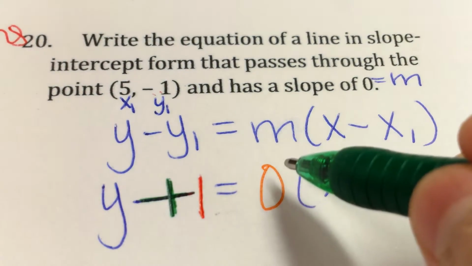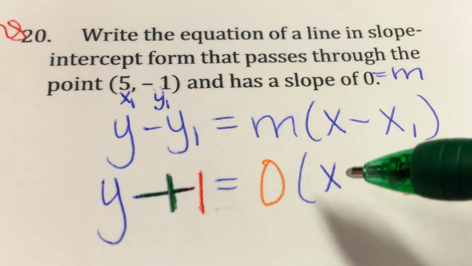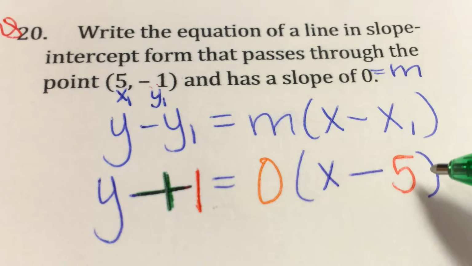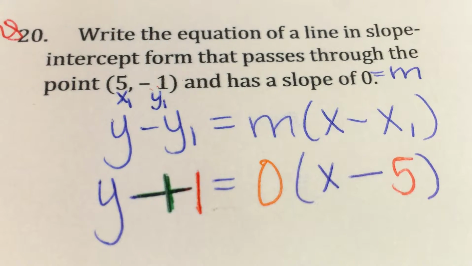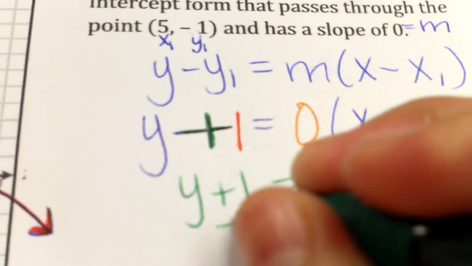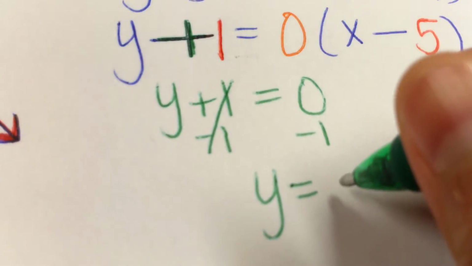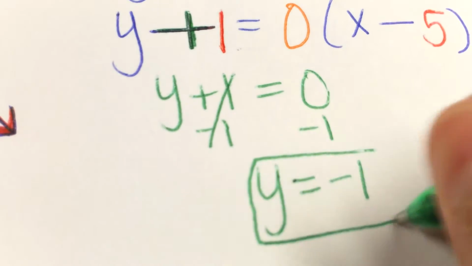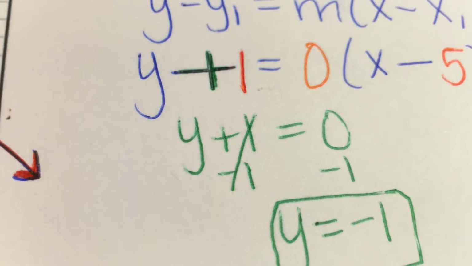Here you have 0, and if you do the distributive property, well, 0 times x is 0, 0 times 5 is 0, 0 minus 0 is 0, so you just have y plus 1 equals 0, and then when you do -1 minus 1, y equals -1. So that's one way of doing that one.